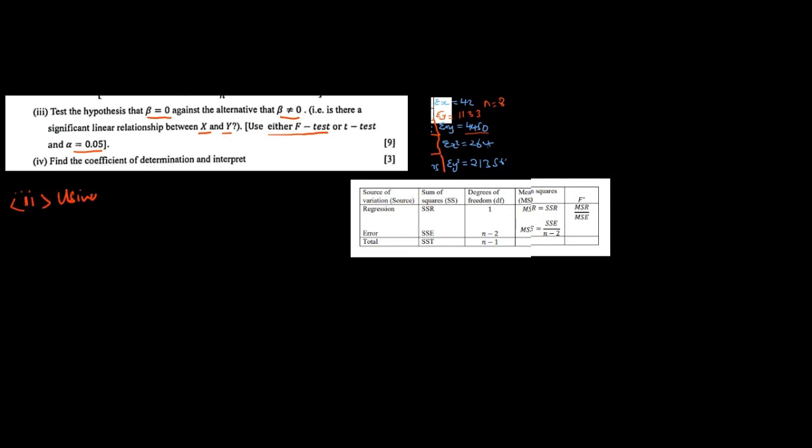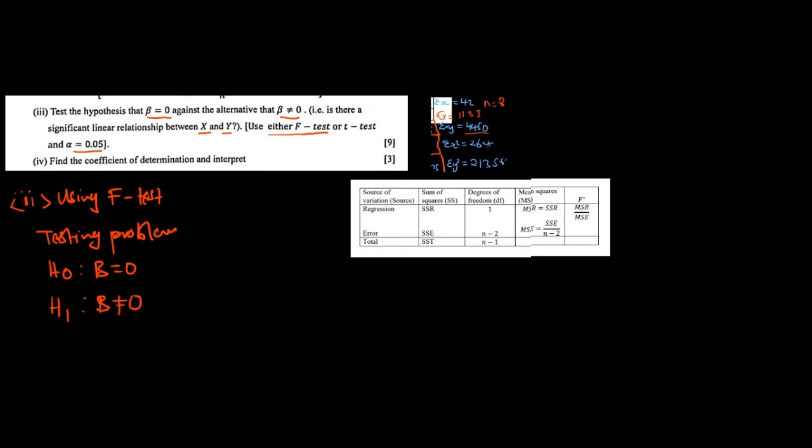Our testing problem will be the null hypothesis, H0, that b is equal to 0, and the alternative hypothesis H1 that b is not equal to 0.